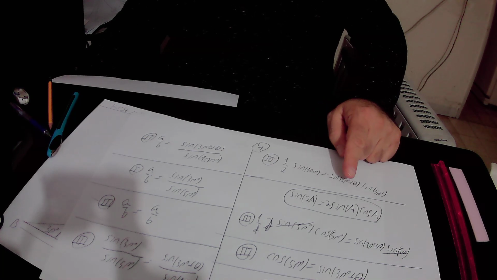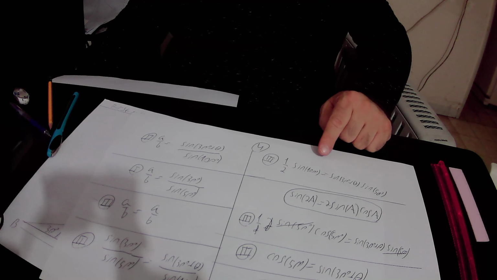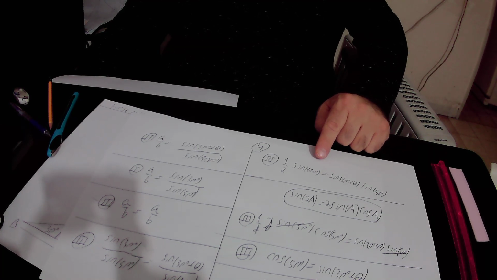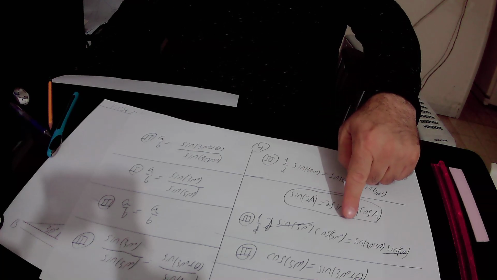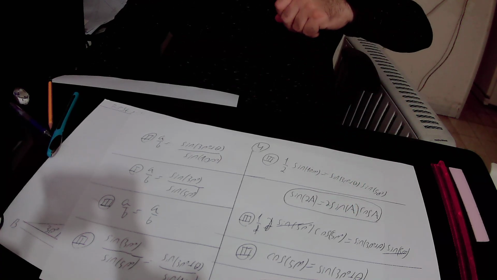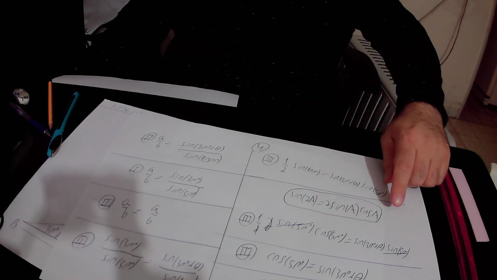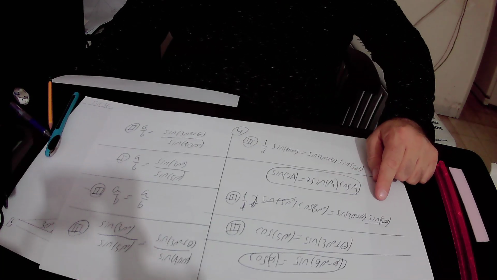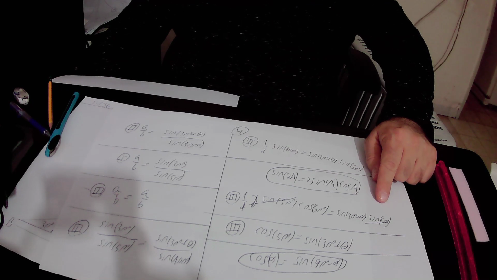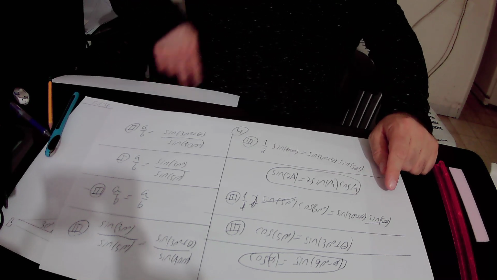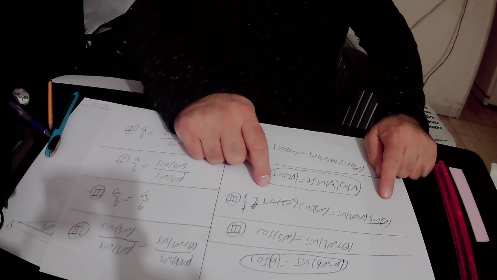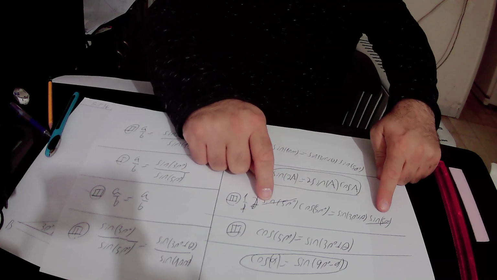According to this identity, we get that sine 100 degrees equals 2 sine 50 degrees times cosine 50 degrees. So here 2 over 2 is 1, so 2 will get cancelled. On the other side of the equation, we have sine 30 degrees plus theta times sine 50 degrees. We have sine 50 degrees on both sides of the equation, so sine 50 degrees will get cancelled.